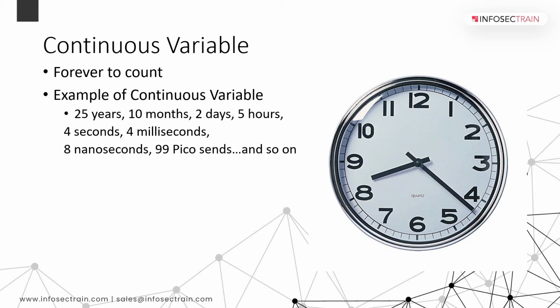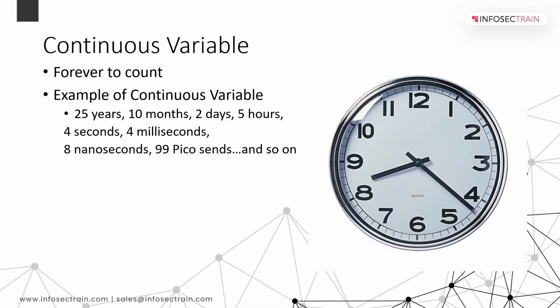For example, take the age parameter, or we can say one column in our data set. If someone asks, what is your age? You simply say, I'm 25 years old.